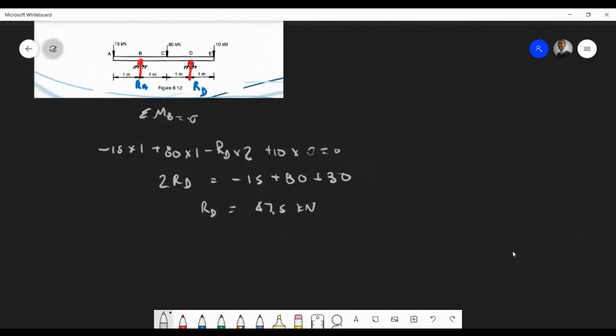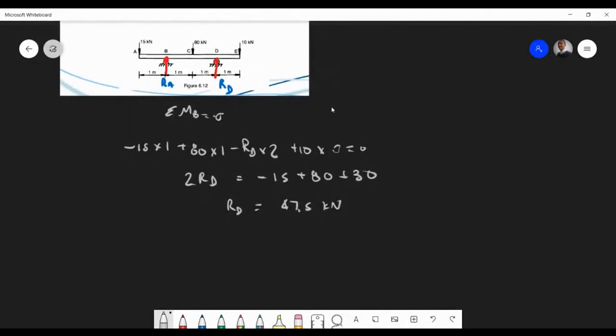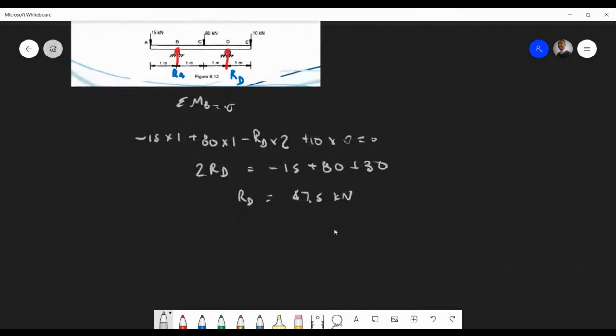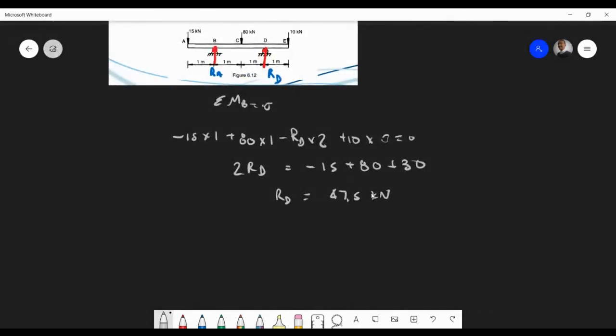So for us to find RA, what we can do is take moments again, right? I'm just going to show you all the ways you can approach it so you can make sure that you're correct, and that's up to you. So we need to take moments at D now, and make that equal to 0. So we're taking moments at D instead of B. Then we go minus 15 times 1, 2, 3, right?